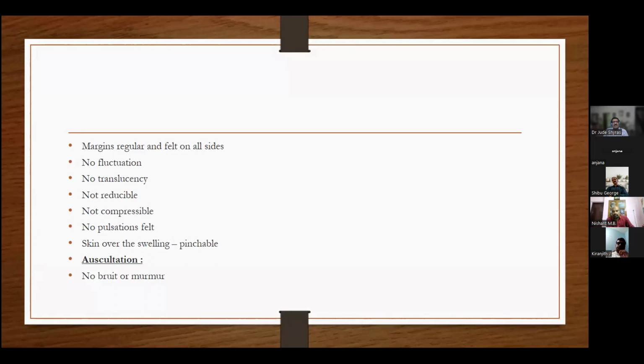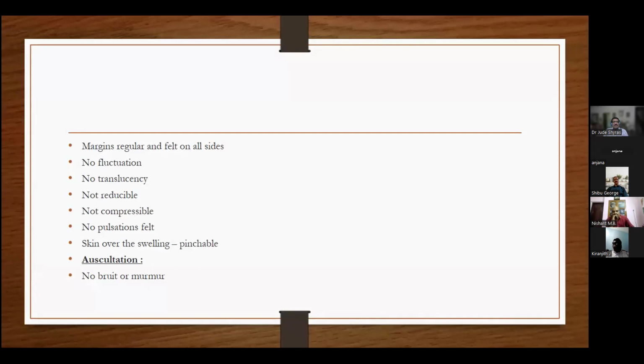Meningocele. That's it. Meningocele. So what other tests would you do to know whether it is a meningocele or not? Transillumination test. Anything else? Would you look for an impulse on coughing? Yes, sir.